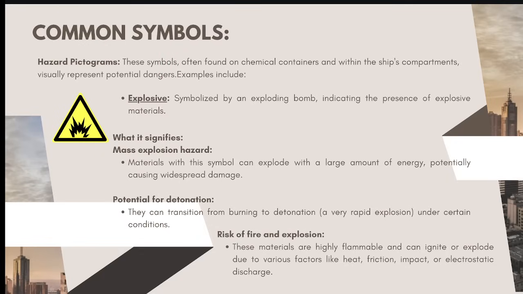These are the symbols that you often find on chemical containers and within the ship's compartments, which visually represent the potential dangers. The first example is the explosive. This one is symbolized by an exploding bomb, indicating the presence of explosive materials.